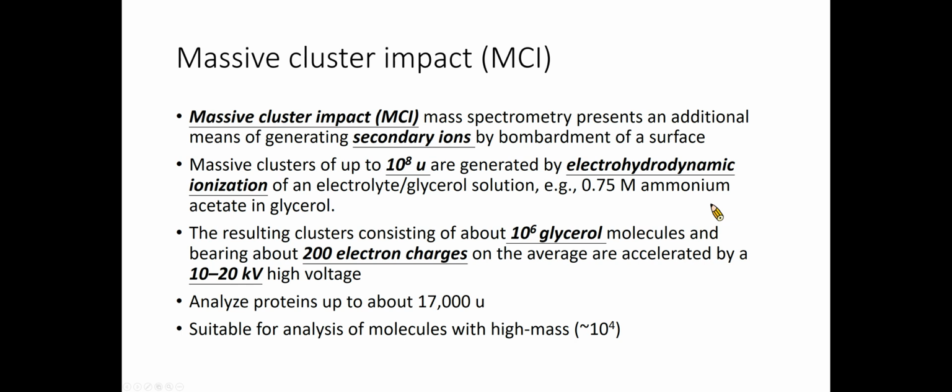Massive cluster impact (MCI) mass spectrometry presents an additional means of generating secondary ions by bombardment of a surface. Massive clusters of up to 10 to the order of 6 U are generated by electrohydrodynamic ionization of an electrolyte or glycerol solution, for example, 0.75 molar ammonium acetate in glycerol.